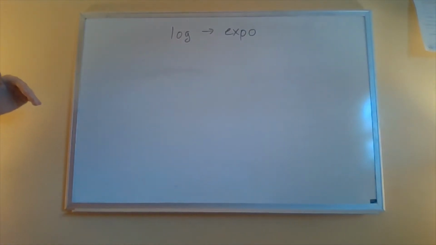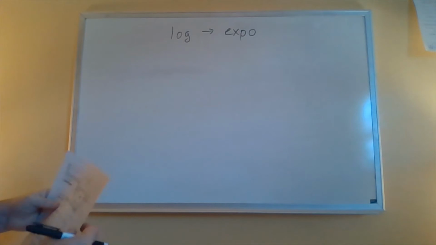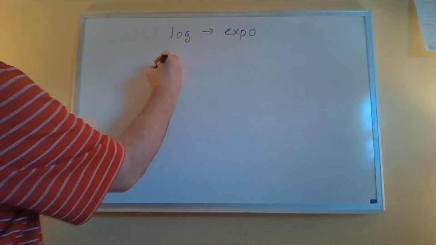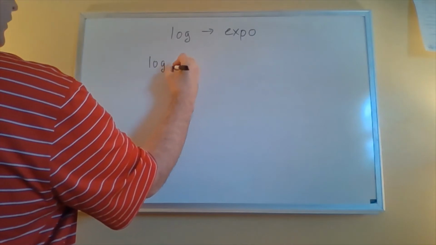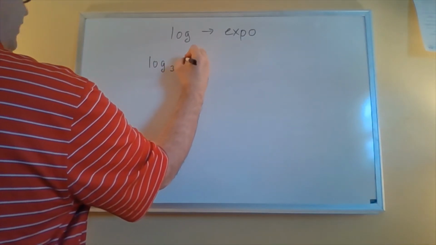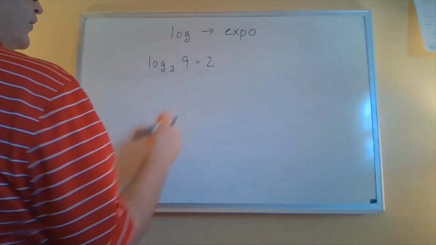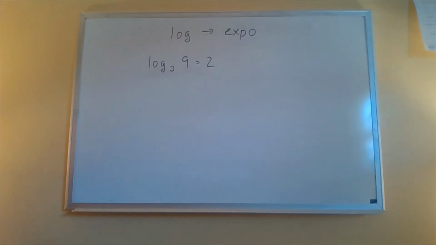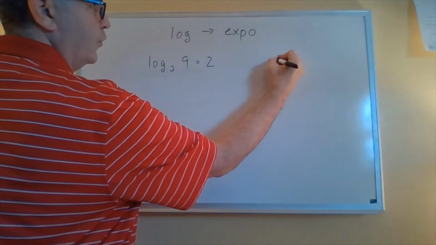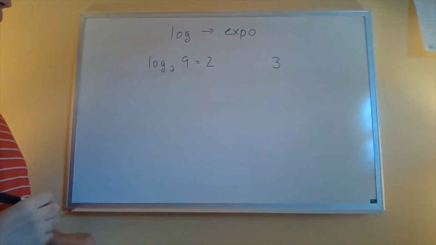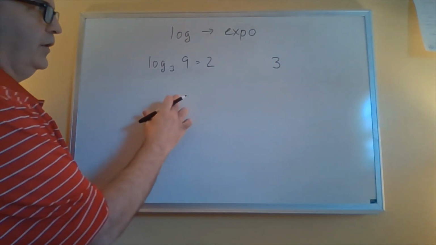Let's start practicing writing expressions given to us in logarithmic form into exponential form. Let's start with this: log base 3 of 9 equals 2. Remember that this is our base, so writing in exponential form, that's our base, and we're going to raise it to a certain exponent.